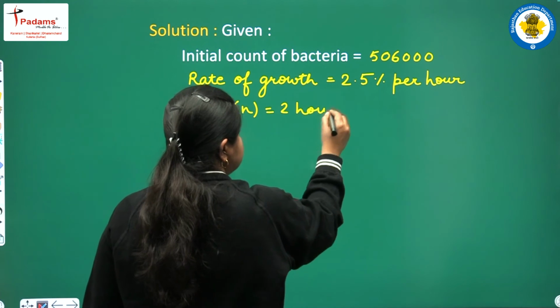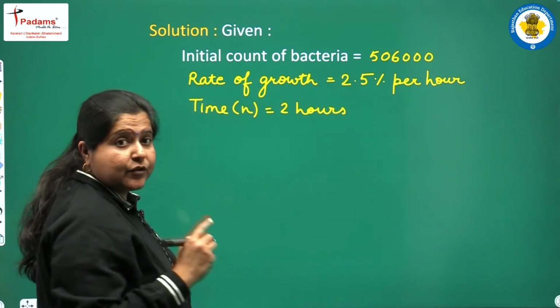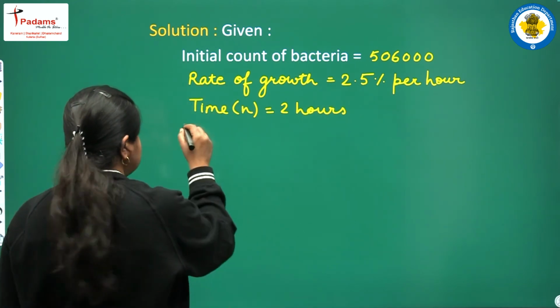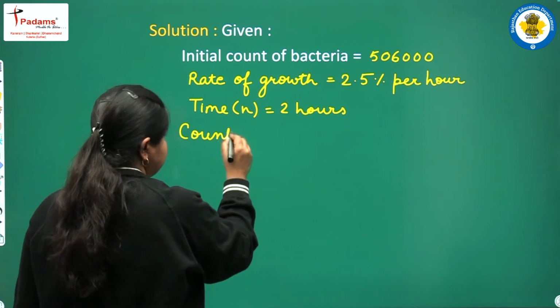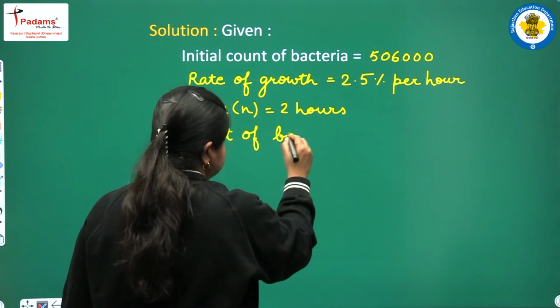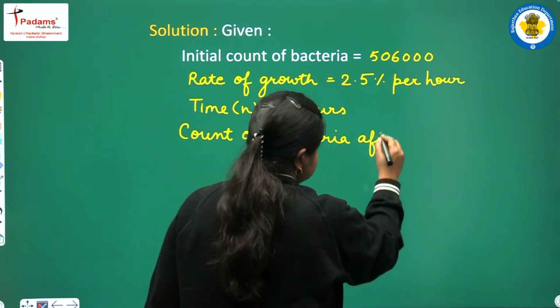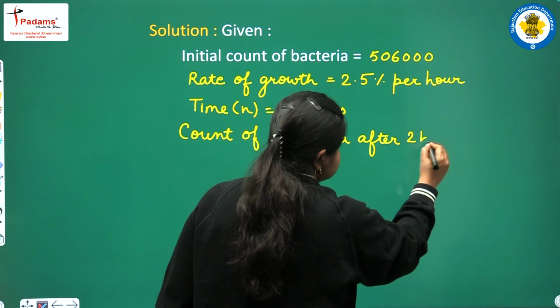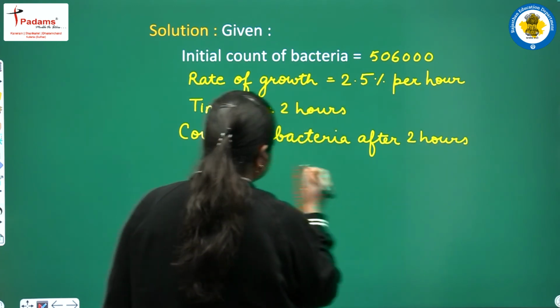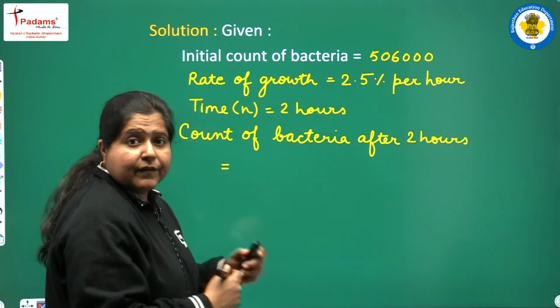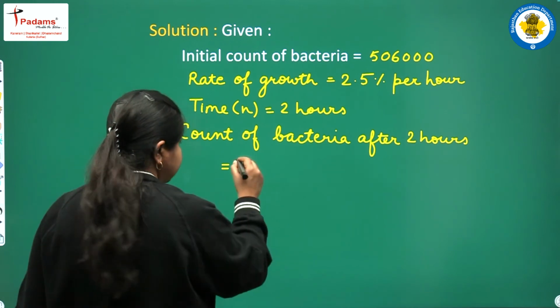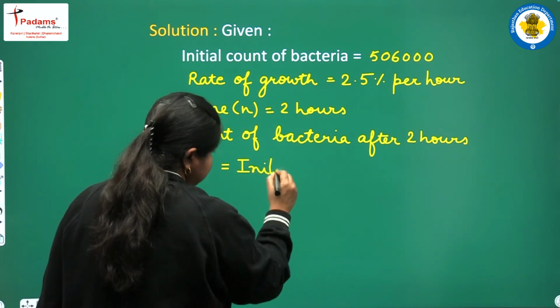Now we have been asked to find the count of bacteria after 2 hours. So we can write count of bacteria after 2 hours. It will be equal to, first we will take the starting value, or we can say the initial value.